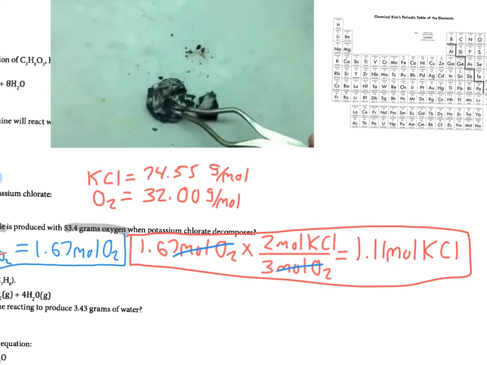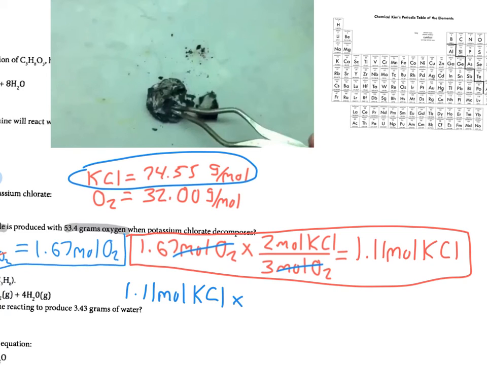Now for the third step. I take the answer from the second step, 1.11 mole of KCl. I could stop here if moles of KCl was being asked, but it's not. A mass, or gram quantity, of the potassium chloride is being asked. So I use the molar mass of KCl that I figured out, 74.55. I multiply the 1.11 by 74.55 and put gram KCl over 1 mole KCl.